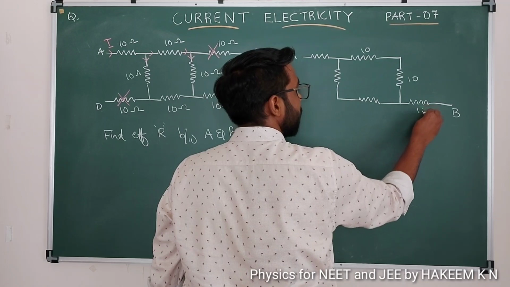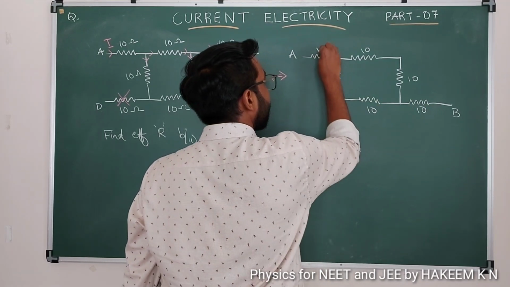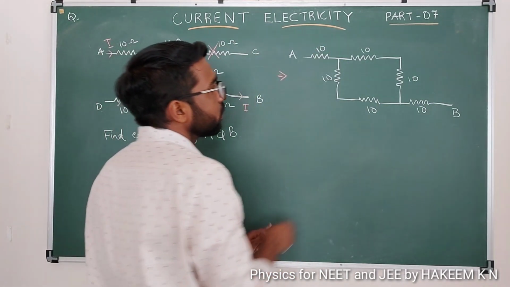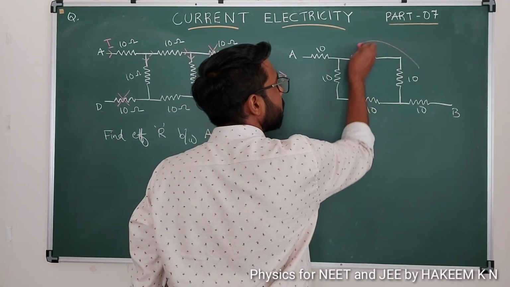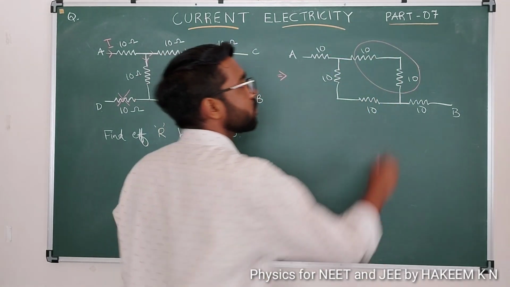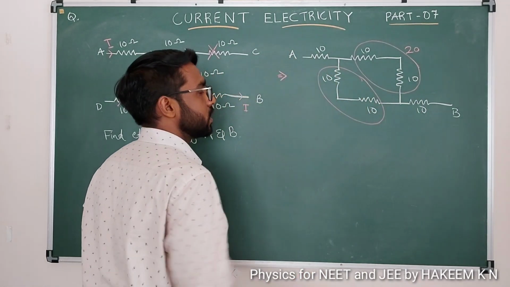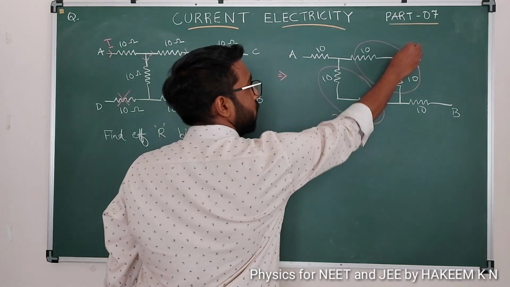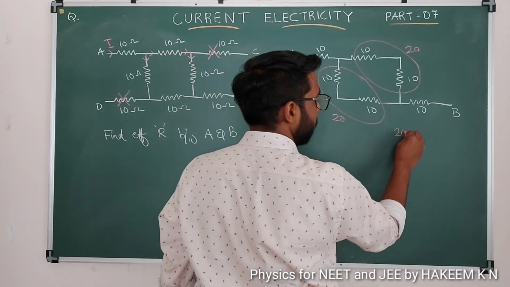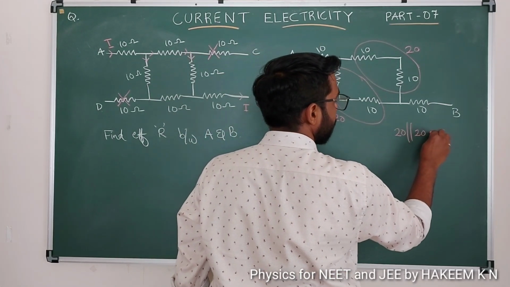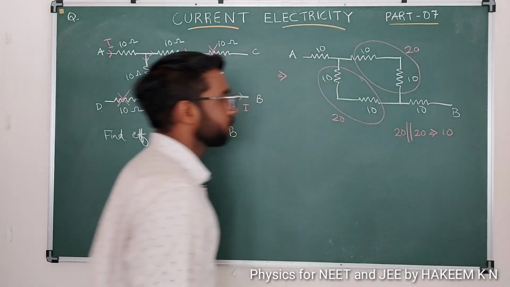So we can say, 10 same current flows, so series we will get 20 ohm here. Here also 10 series 20 ohm, 20 parallel with 20 we will get 10 ohm.